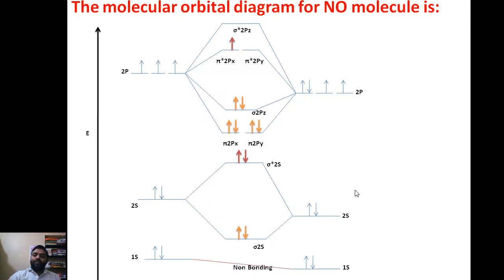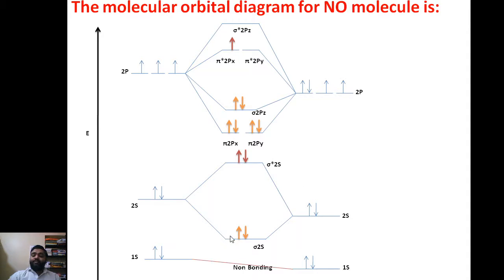Now you can write its electronic configuration: K for one 1s orbital, K for the other 1s orbital, sigma 2s2, sigma star 2s2, pi 2px2, pi 2py2, sigma 2pz2, pi star 2px1. The remaining orbitals have no electron, therefore do not show them.